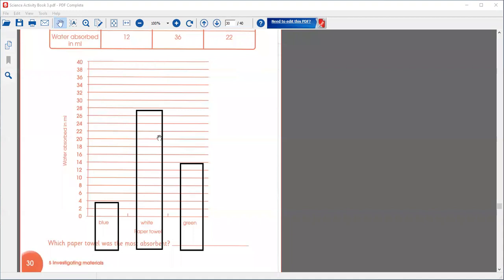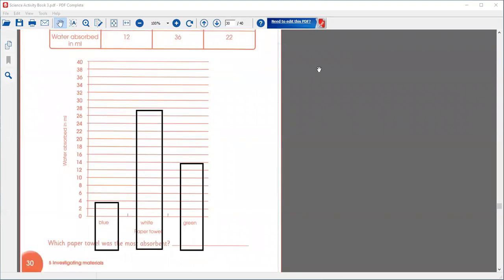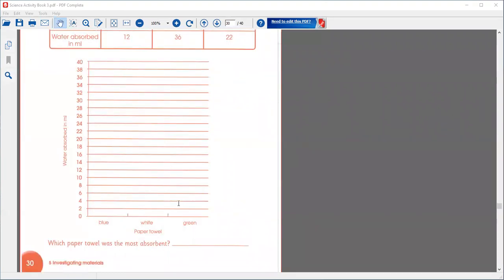So we write here the white paper towel, because you can see the white one is bigger. So let's write the white paper towel.